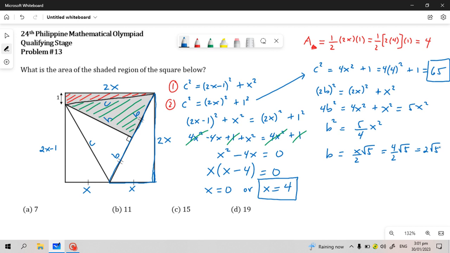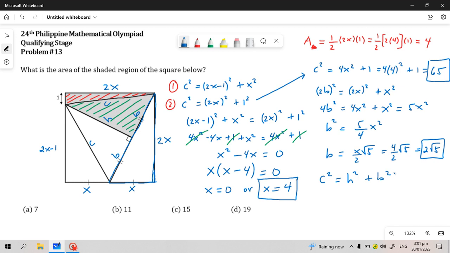Now, how do we get h? If we focus on the green triangle, that's still a right triangle, so we can create the equation c squared equals h squared plus b squared.